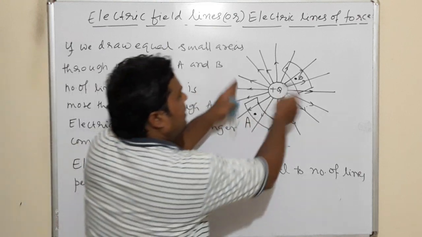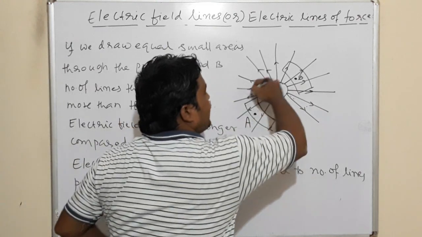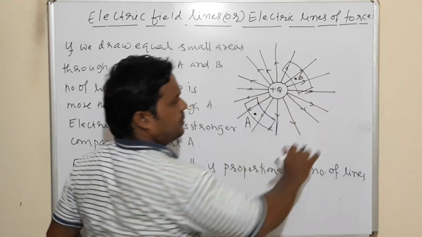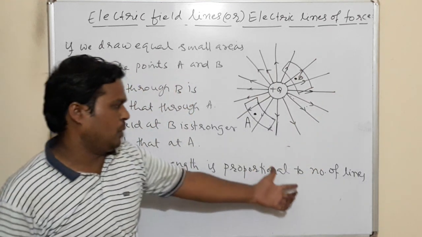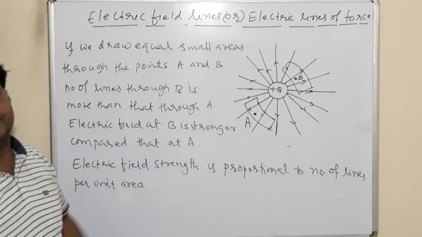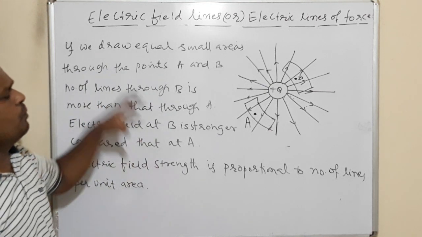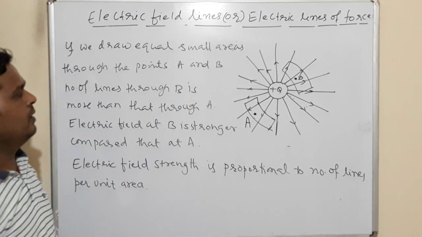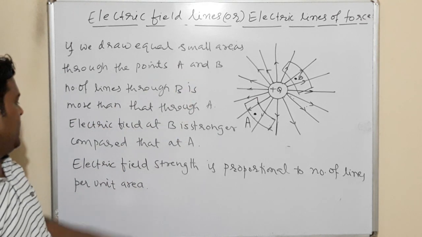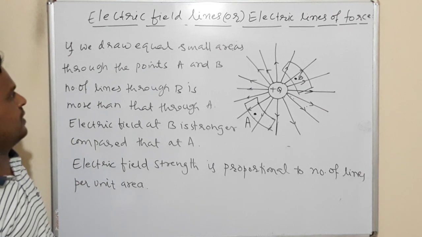If we draw the lines so that the density of the lines in all directions is the same, then we say that electric field strength is proportional to the number of lines per unit area. It means more lines in a given area, that means the field is stronger. Crowding of lines gives me an idea about the strength of the electric field.